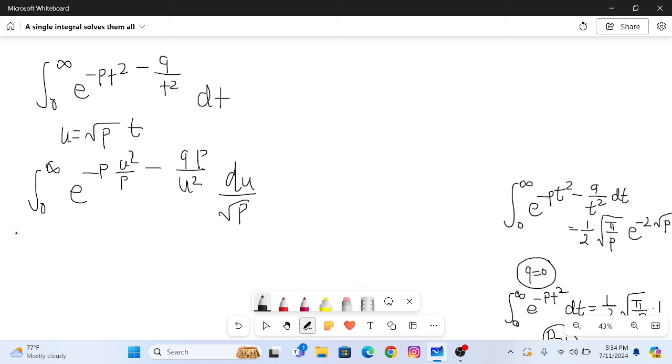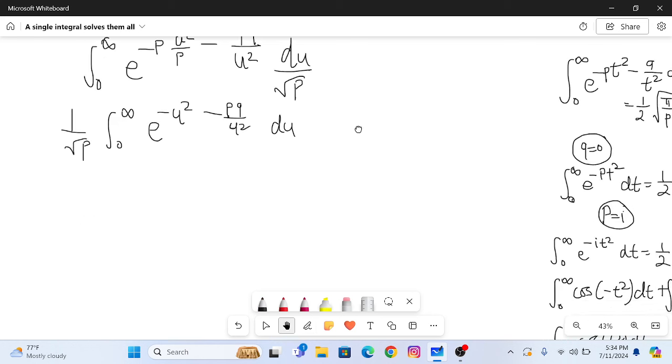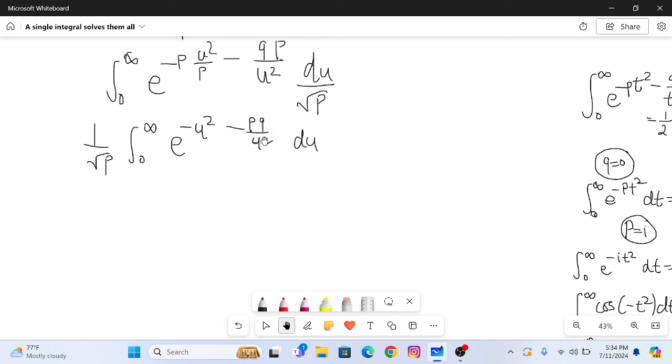Now 1 by root p goes in front because it's just a constant, and the integral from 0 to infinity we have e to the power minus u square minus pq by u square du. Okay, looks good.